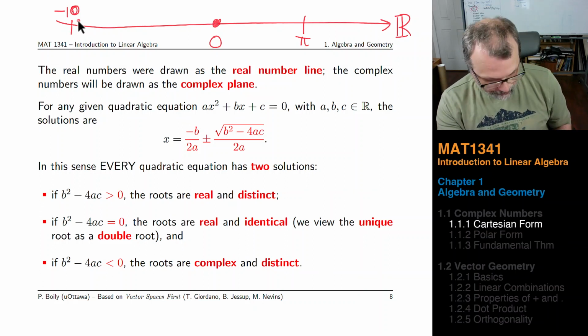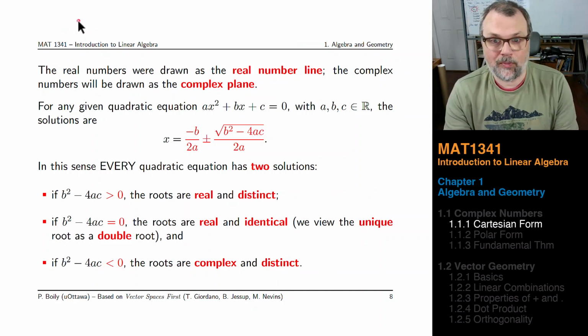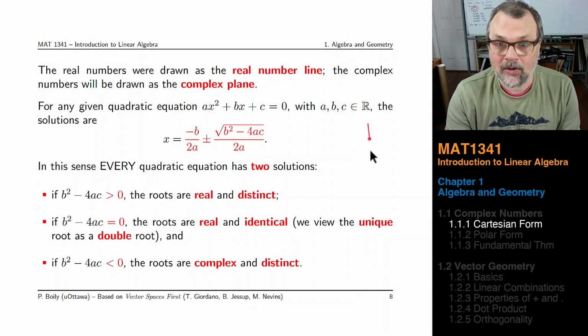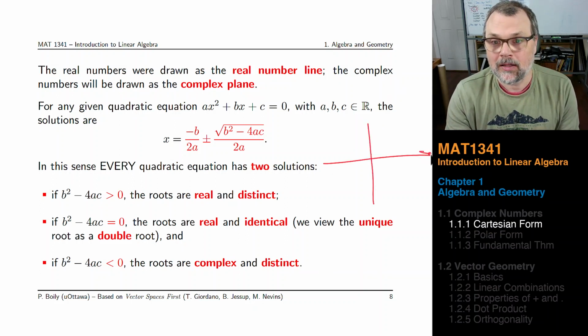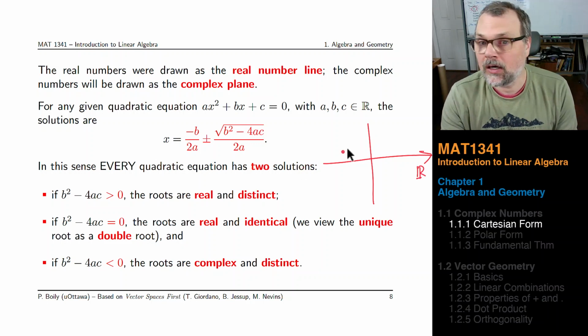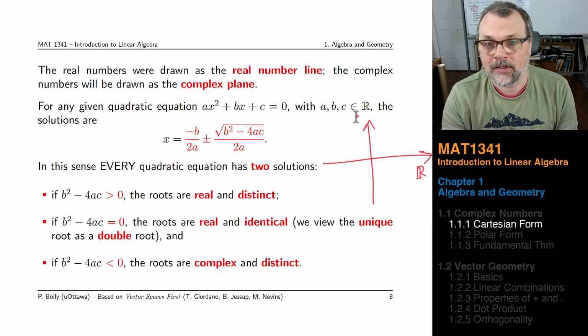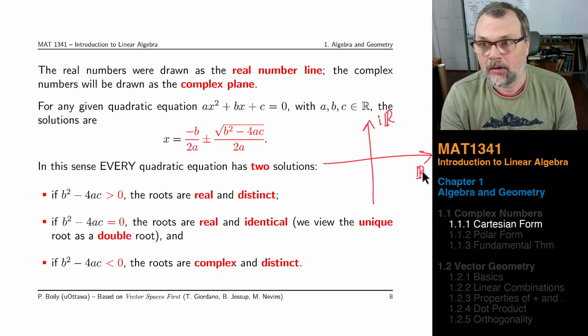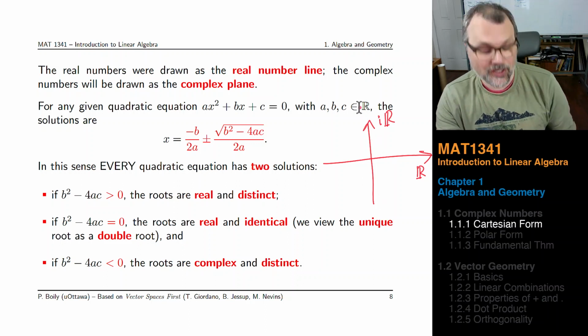Complex numbers are not represented on the real line, they are represented in the complex plane. Horizontal axis is R, the vertical axis we might call i times R. Horizontal axis is the real part, vertical axis is the imaginary, pure imaginary part.